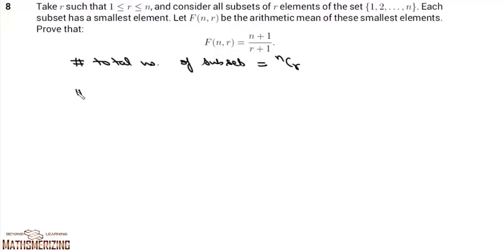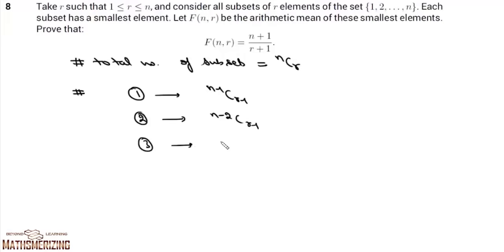Now we'll find the number of subsets in which the smallest element is 1. If the smallest element is 1, then we need to choose the remaining R minus 1 elements from n minus 1 elements. So there will be n minus 1 C R minus 1 such sets. And in the same way, the number of sets having 2 as minimum element will be n minus 2 C R minus 1.